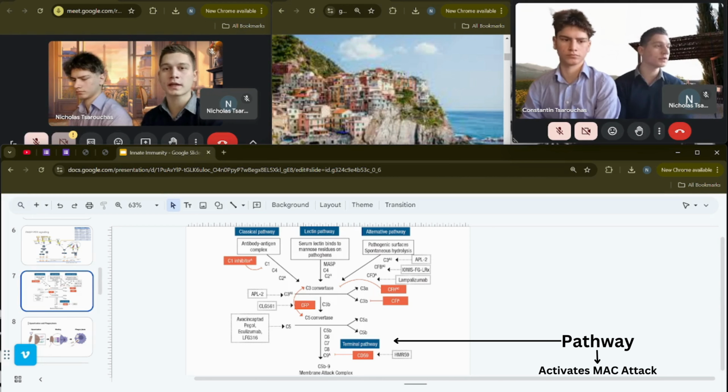But also, when you see deficiencies in different complements, it means you're liable for infections or diseases via a specific array of pathogens. It wouldn't really be able to undertake all these functions because all these functions need to happen on a membrane of a pathogen, on the surface of a pathogen. So if it doesn't have this membrane or this medium to attach to and build up, you can't really target this pathogen with the complement system.